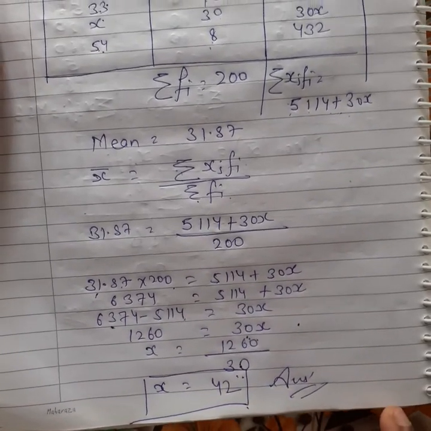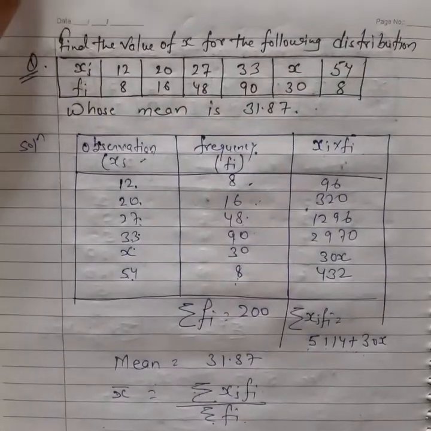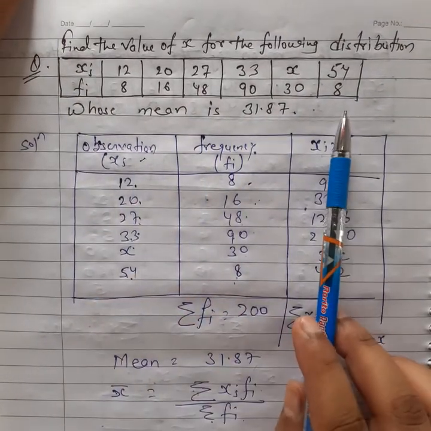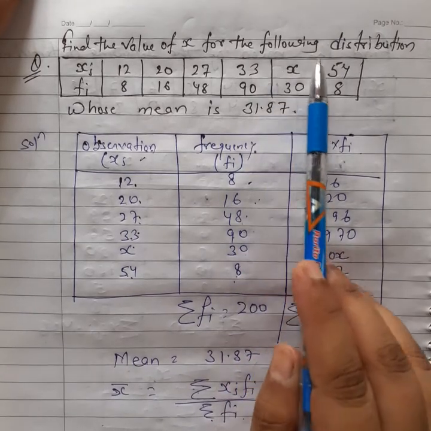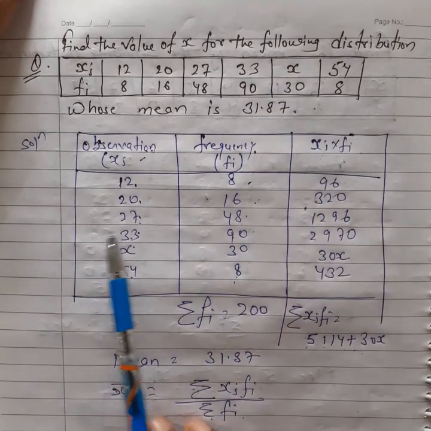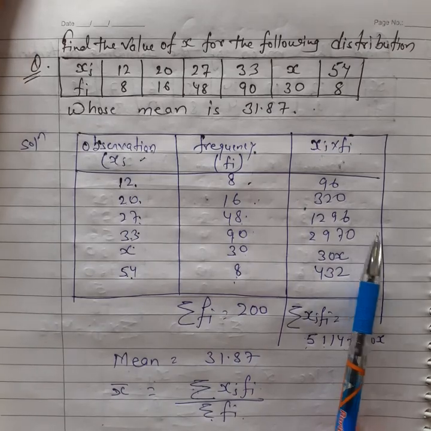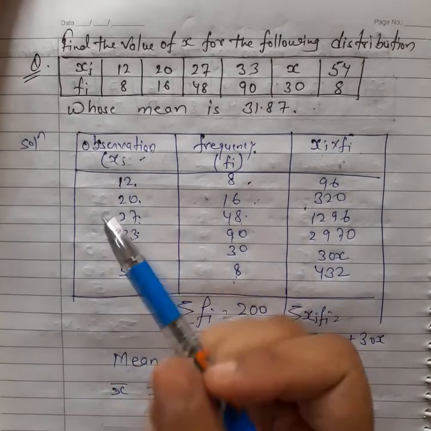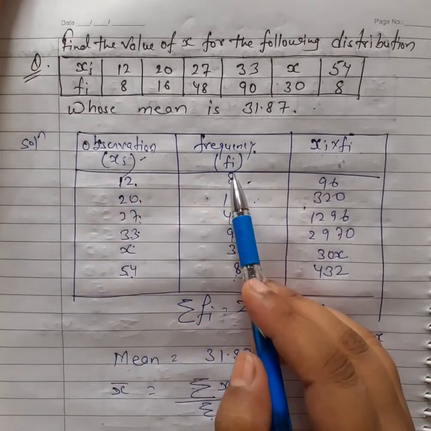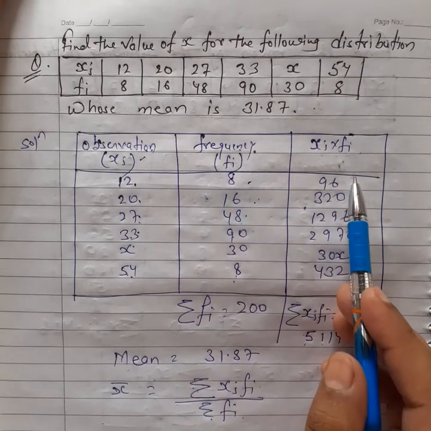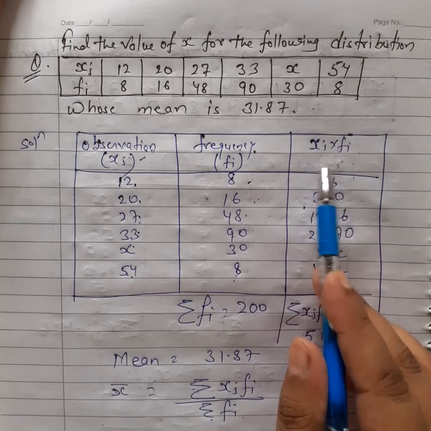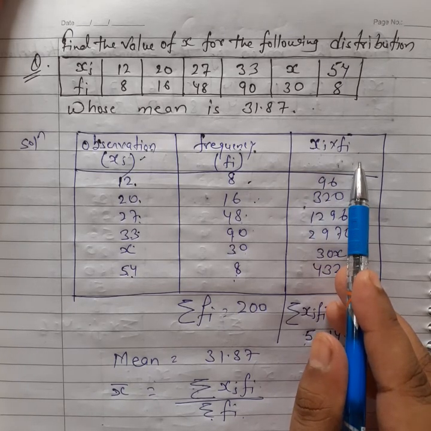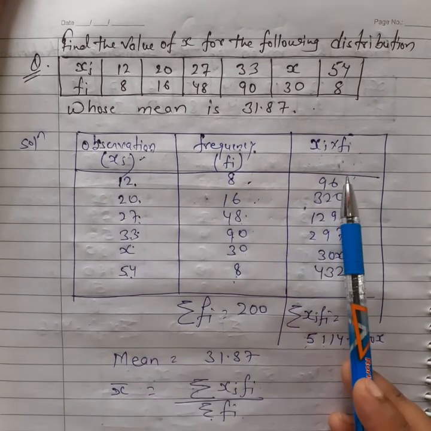Okay. What do we do? The frequency distribution table is given, the mean is given. What do we have to find out? We have to find out the value of x. So first we construct a table. In the first column we put xi, that is observation, in the second fi, that is frequency, and in the third column we find out xi into fi, the product of observation and their frequency. 12 into 8, 96.